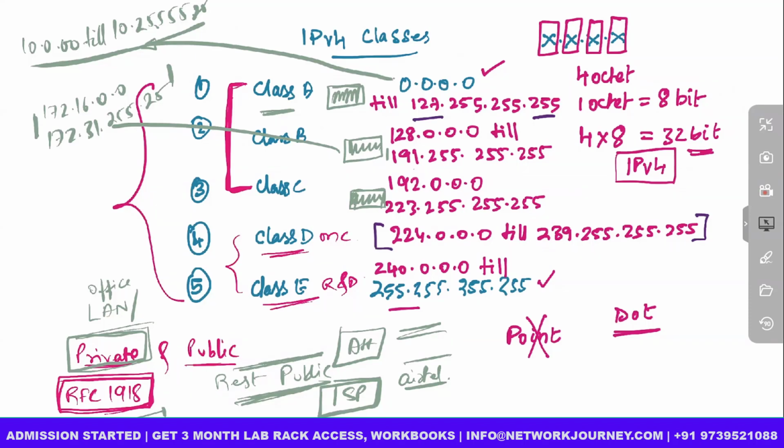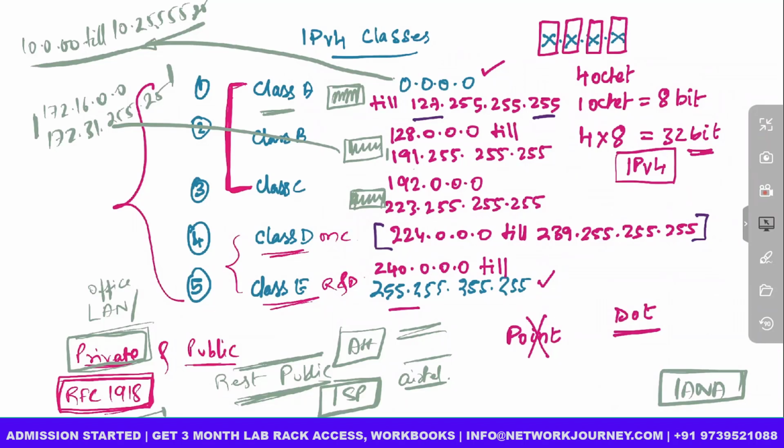Some public IPs could be with a South African service provider, some block could be with a US provider, some could be with an Australian provider. That is also segregated by their entity. There is an entity called IANA who decide which block is given to which service provider. These are internet entities.